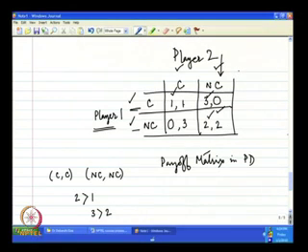So, in a way he is going to ditch his friend, he is going to break this kind of agreement if there had been any agreement. If they had an agreement that let us not confess, then from the individual rational perspective of player 1, he would not have respected that agreement. If he had known that player 2 is not going to confess, he would have gone and confessed.